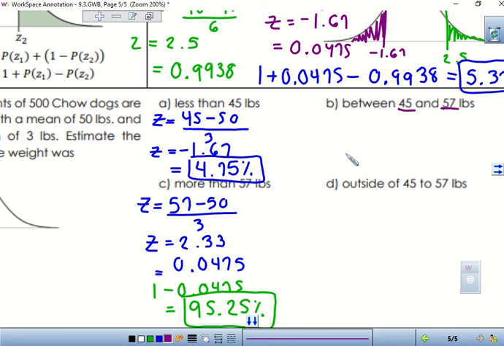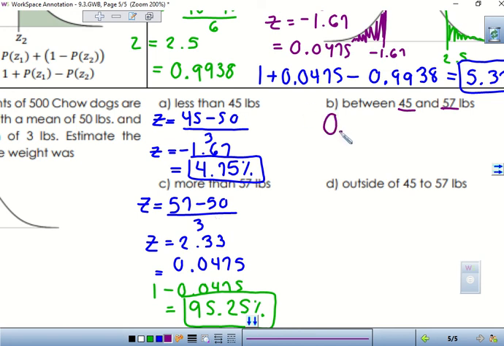So it's going to be whatever this one came out to be, 2.33. So between 45 and this, it's going to be the 57 one first. So if we go to 2.33 on my chart.